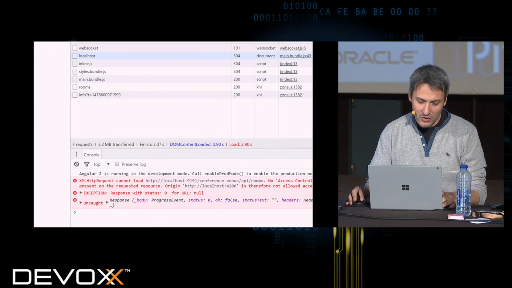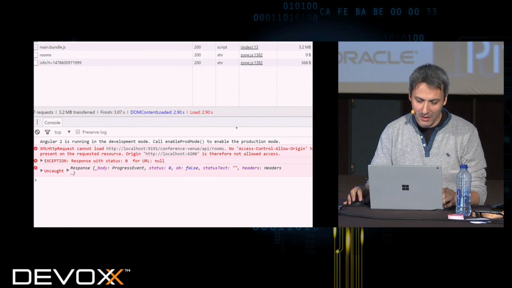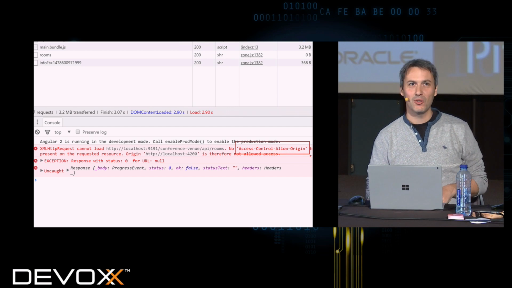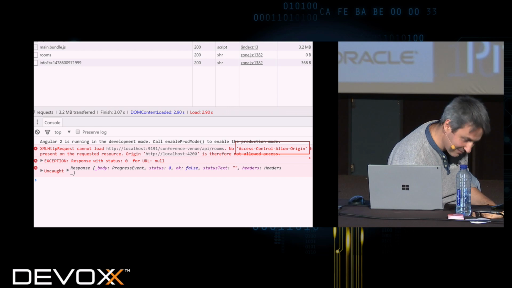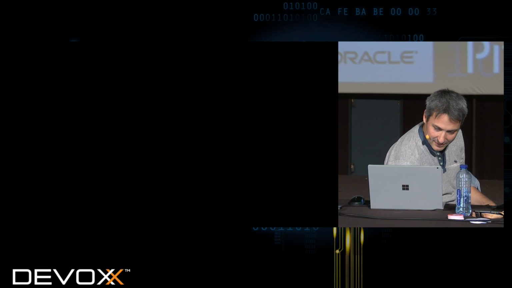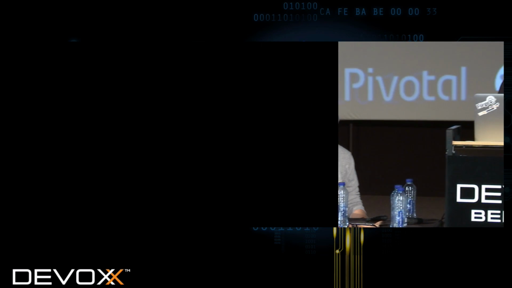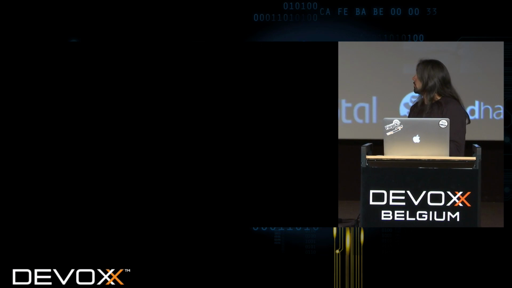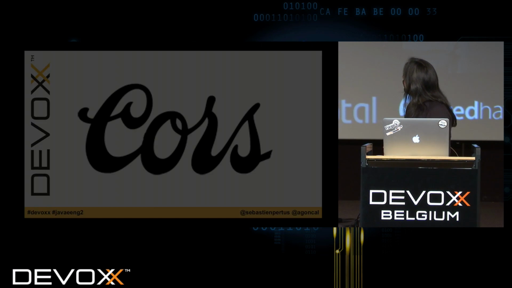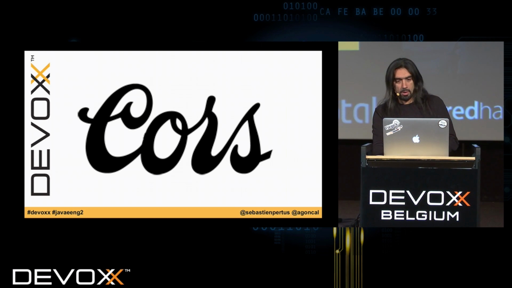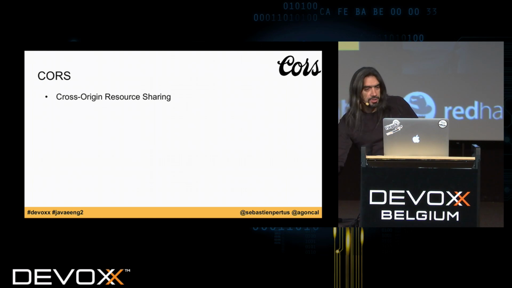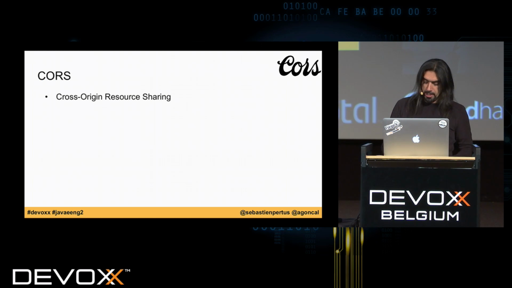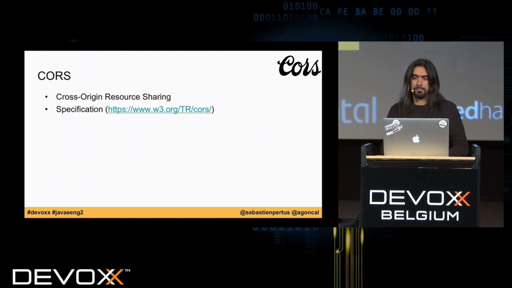Because we are in the JavaScript world, and we have to manage this weird stuff. It's CORS. The first thing that you hit when you do a JavaScript front end with a back end is what's called CORS, cross-origin resource sharing, which is actually a specification.